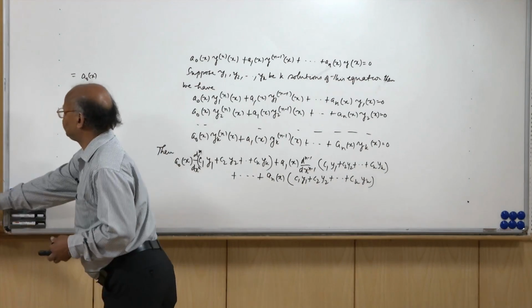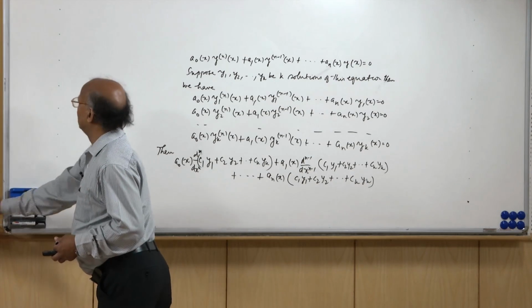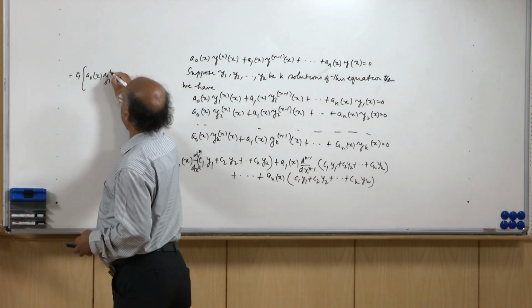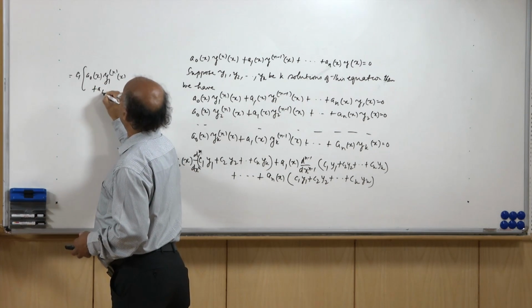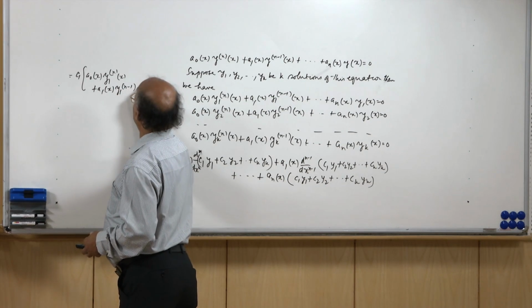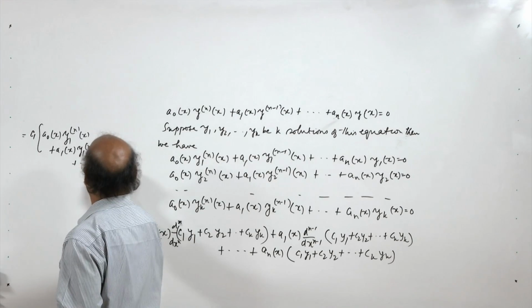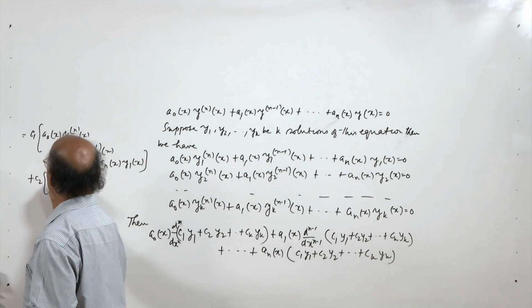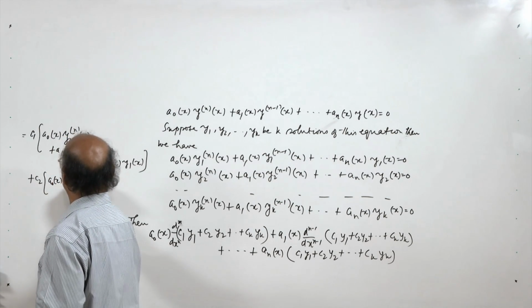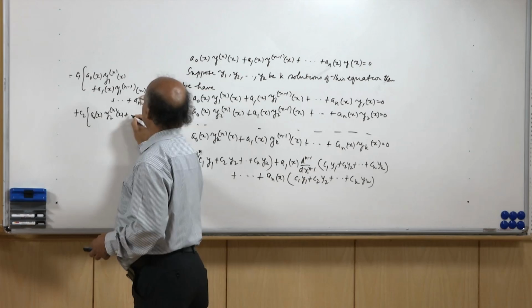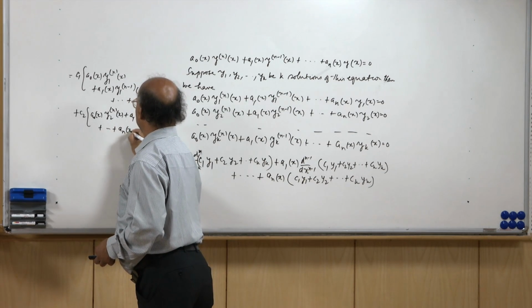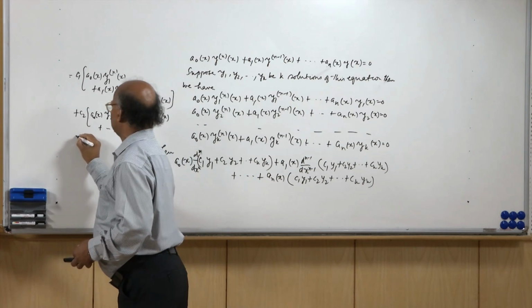So we can write it as c1 times a0(x) y1^(n)(x) plus a1(x) y1^(n-1)(x) and so on, plus c2 times a0(x) y2^(n)(x) plus a1(x) y2^(n-1)(x) and so on.